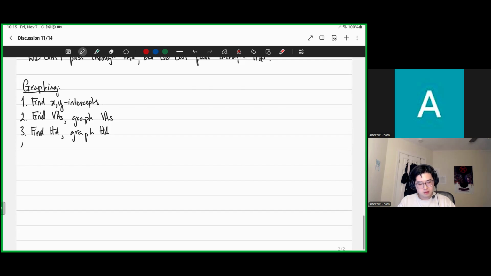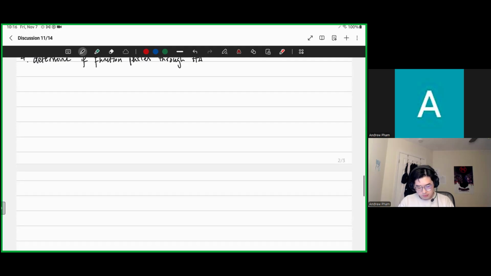And then four, since we said that the function can possibly pass through the HA, we're going to check if it does. So you're going to determine if the function passes through HA. Okay?